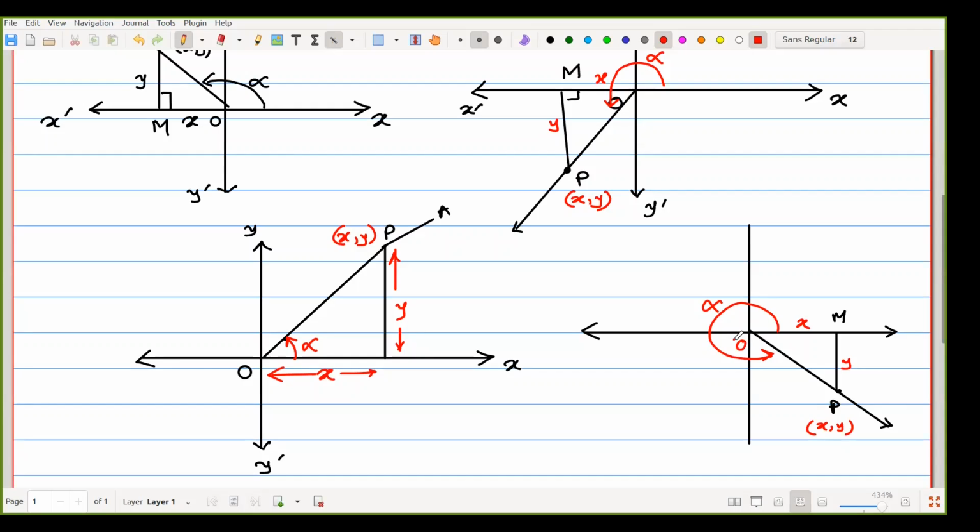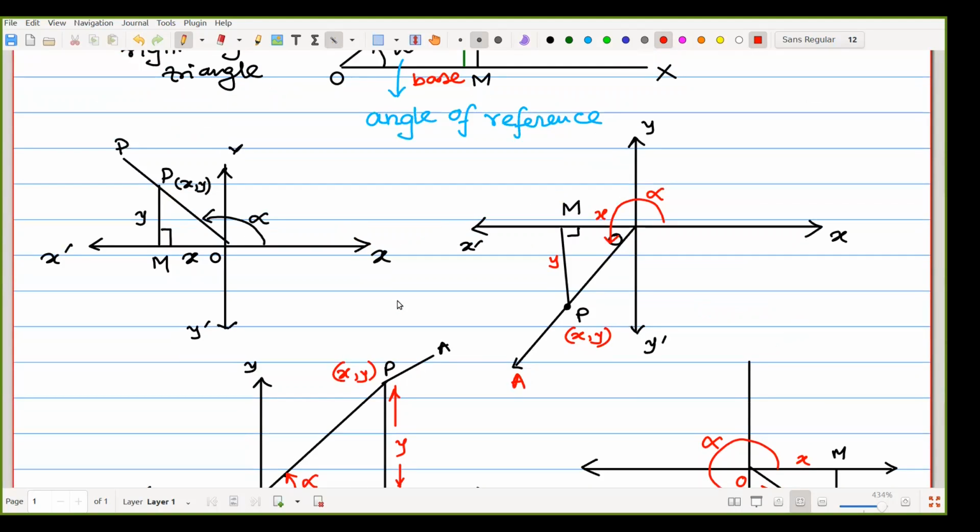Obviously, that is the origin. So we can say the starting line is the OX, and then the revolving from the OX. So the angle is always XOA, like that. Here A, that one is also the point A.